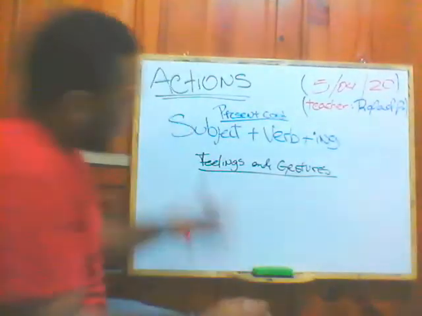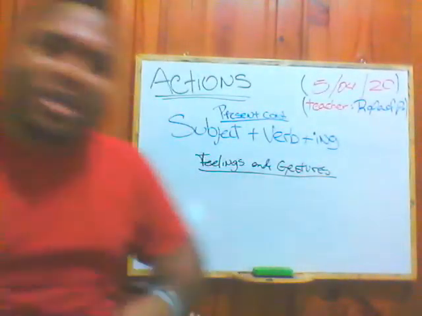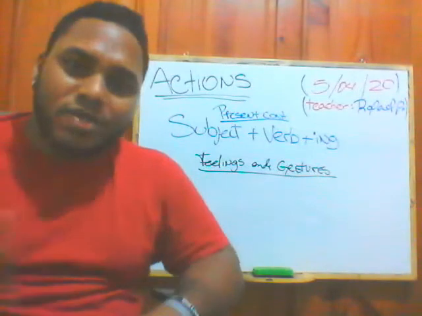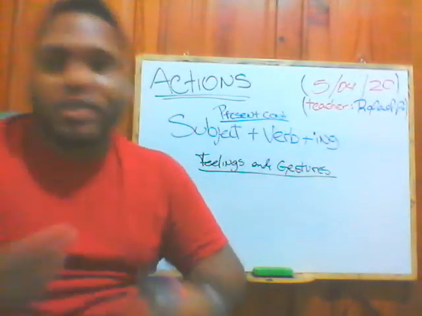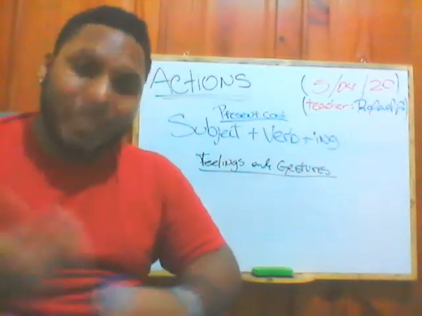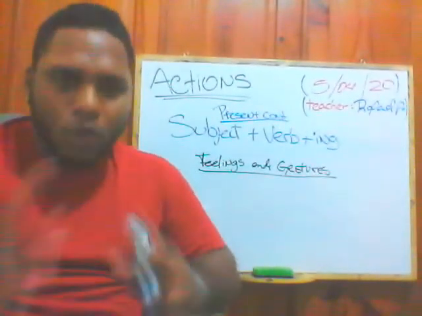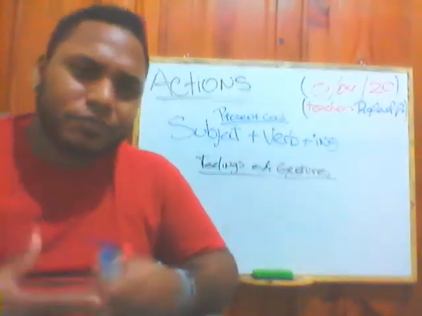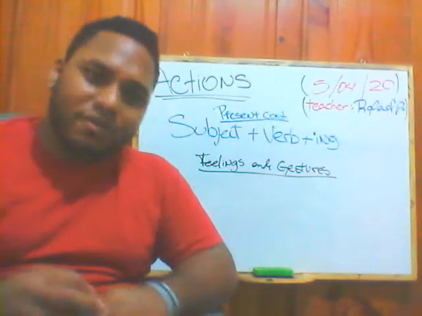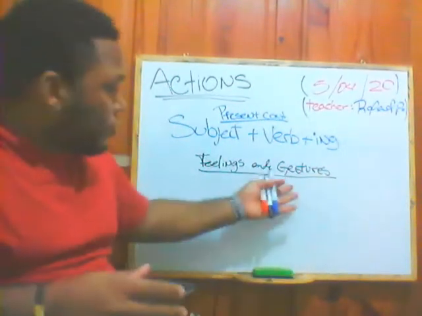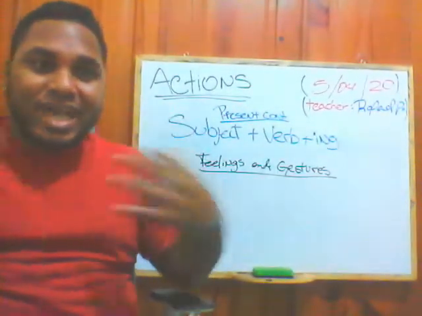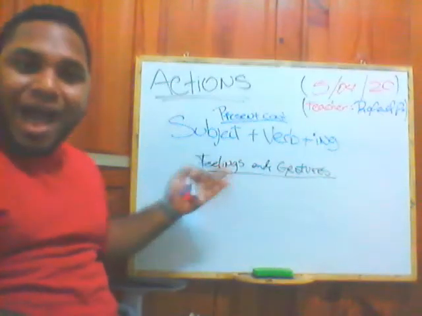So what are these? Feelings are the emotions that we express when we are talking with someone. There are different types of feelings and emotions, but we normally express the majority of them when we're talking. The gestures are the signs with the body that we do when we are expressing our feelings.